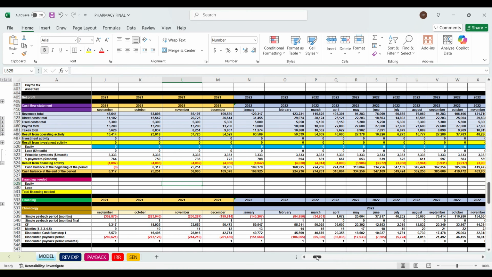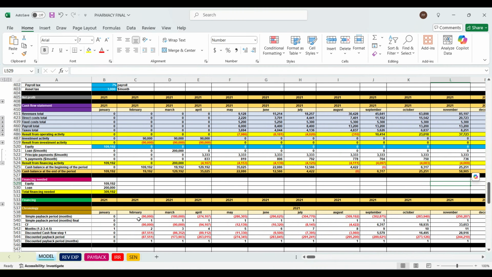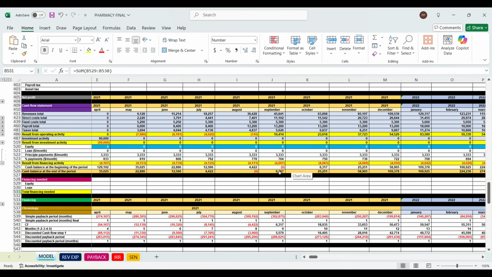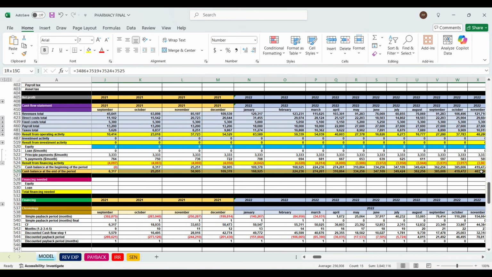For example, if we totally need $300,000 for this specific scenario, we can look going forward to the cash balance at the end of the period. We will be able to see that somewhere here in April 2022 the project has generated the same amount of money that was invested in this particular scenario.